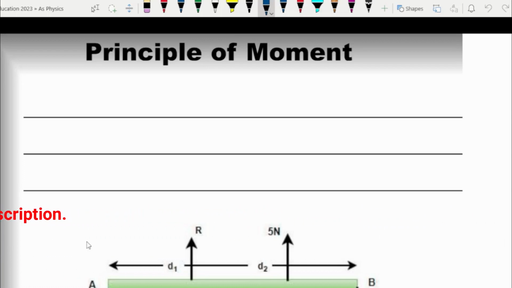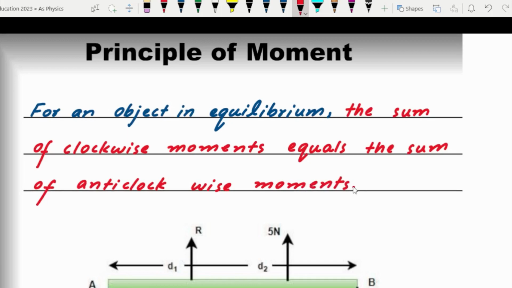First of all, we need to state the principle of moment. They ask you this question for 2 marks, so note it down. This is how we define the principle of moment. If you write only the red part, you get 1 mark only. So you have to add this as well: for an object in equilibrium, the sum of clockwise moments equals the sum of anti-clockwise moments about any point.